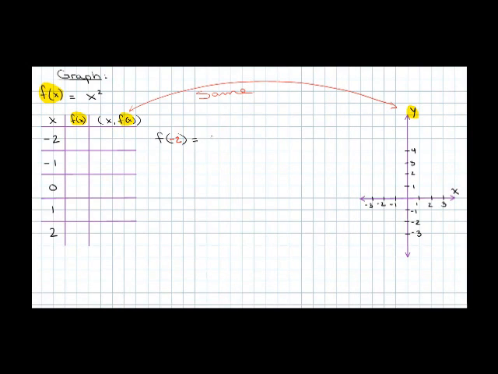So f of -2 is equal to -2 squared, which is -2 times -2, and that's going to equal a positive 4.